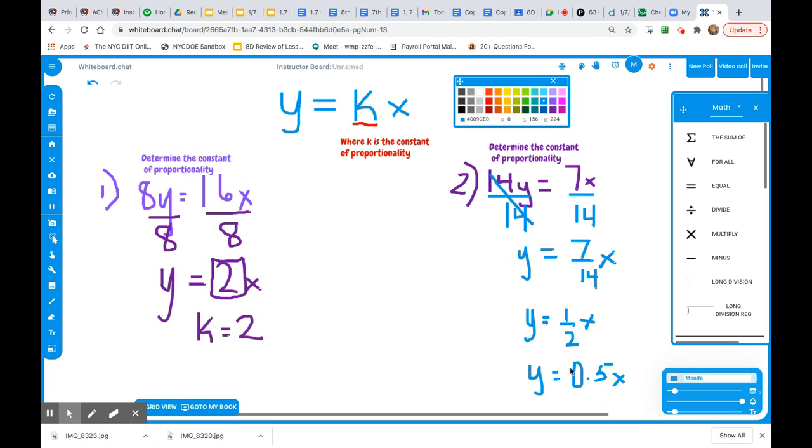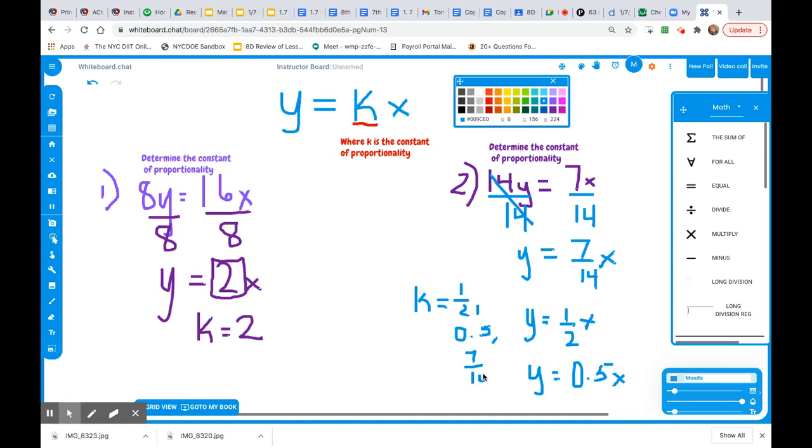You just need to know that they're all equivalent. So k will be equal to 1/2. You could also use 0.5 or 7 over 14. Any one of these are okay.